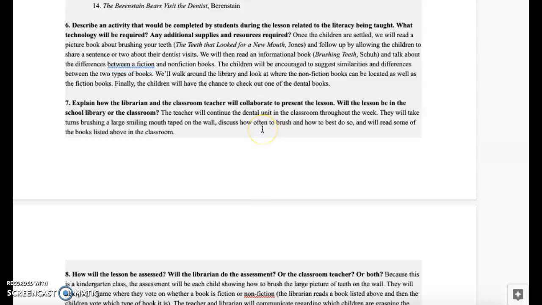So my thoughts were in the classroom, they would have a large smiling face of teeth taped to the wall or door, and a giant toothbrush that they can take turns brushing with. They'll discuss going to the dentist, what dentists are and what they do, how often to brush your teeth. And they will also read some of the books that I had pulled on this topic in the classroom.